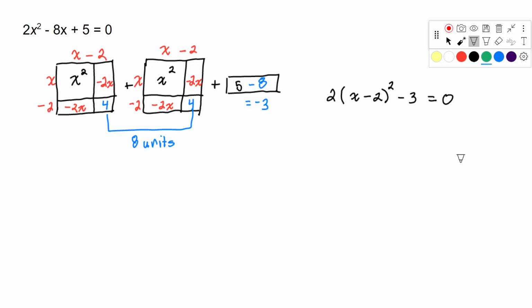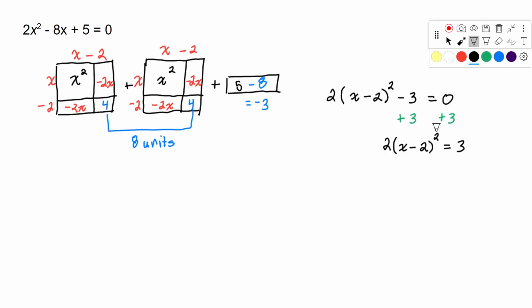Again, we're going to use inverse operations to solve. So inverse operations are using order of operations backwards. So I'm going to check to see if there's anything I can add or subtract first. I want to undo the minus 3, and I can do that by adding 3. So now I have 2 times x minus 2 squared equals 3.